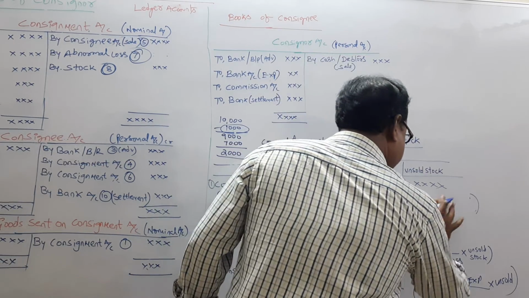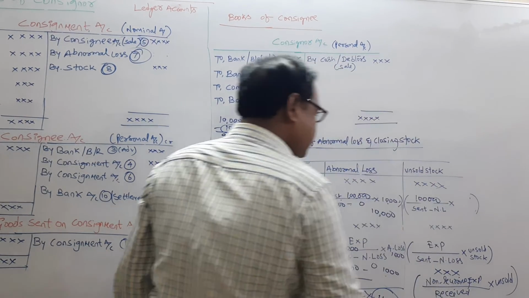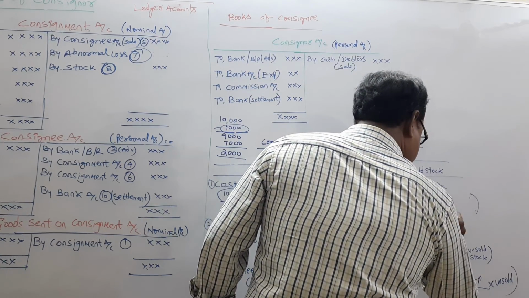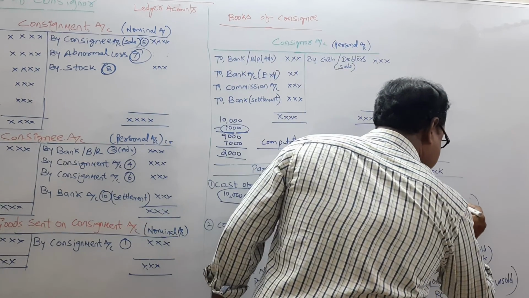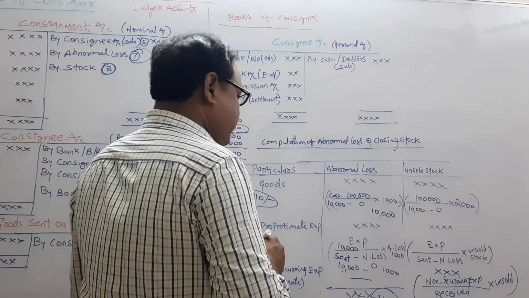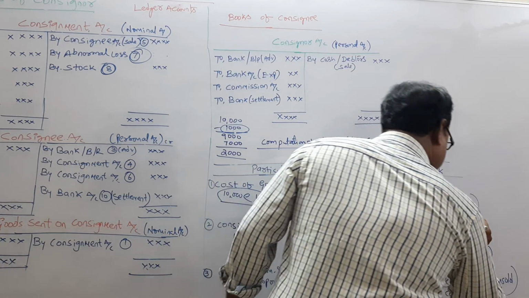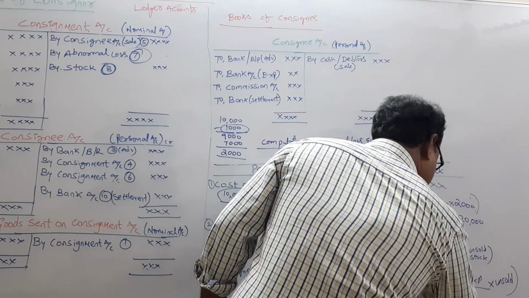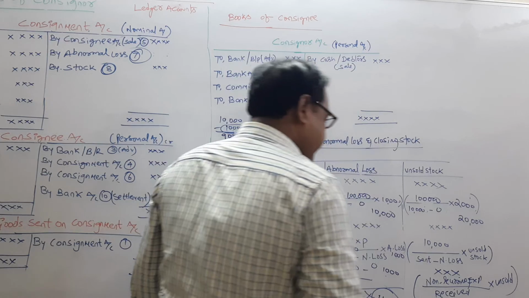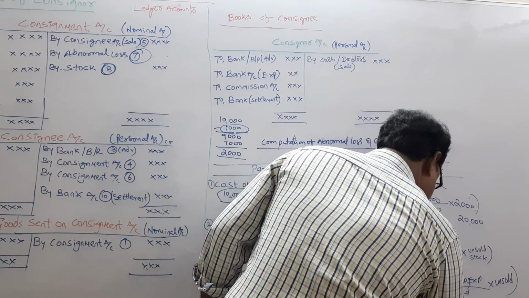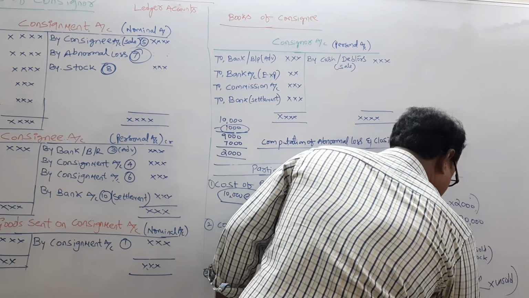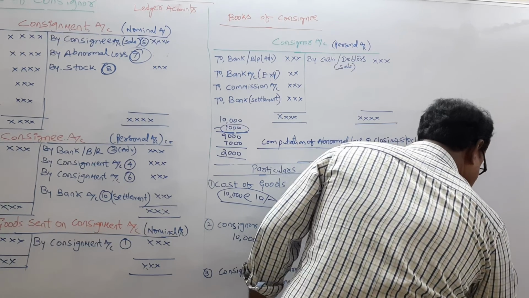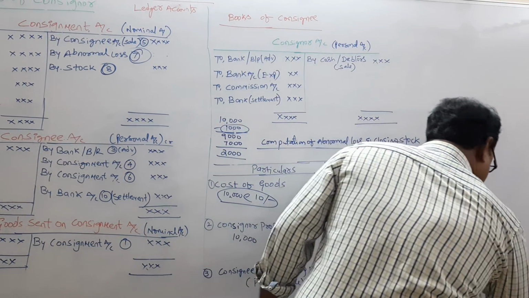Now same one, cost 1 lakh, 10,000 units, normal loss is 0, my unsold stock is 2,000 units. Now how much comes to you? 20,000. Next, consignor expenses 10,000, over 10,000 units, normal loss 0, unsold stock 2,000 units. Now it comes to 2,000 rupees.